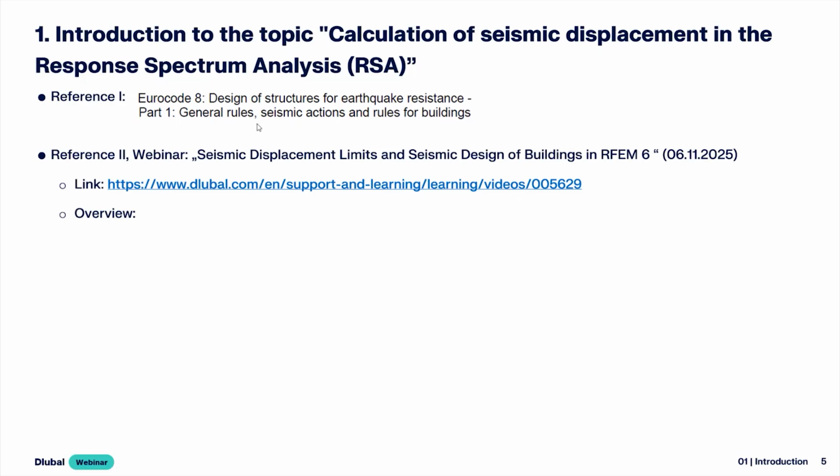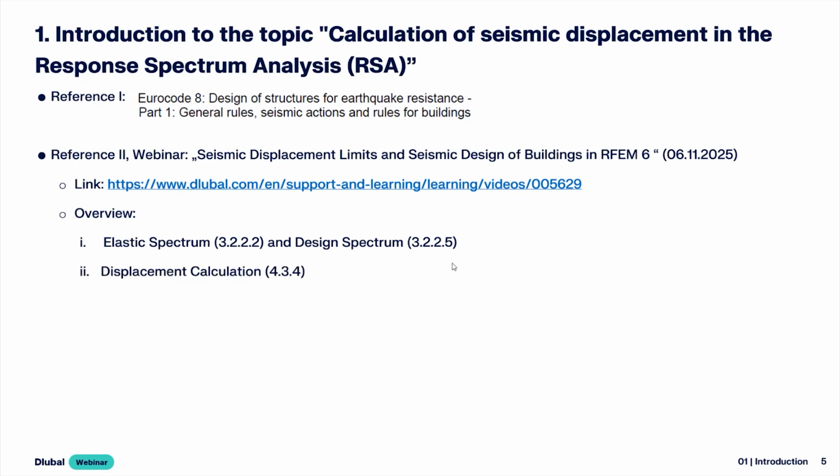In this webinar, we presented the following topics. It's general in the topic seismic displacement. We have in the first place the elastic spectrum and the design spectrum concepts inside Eurocode.